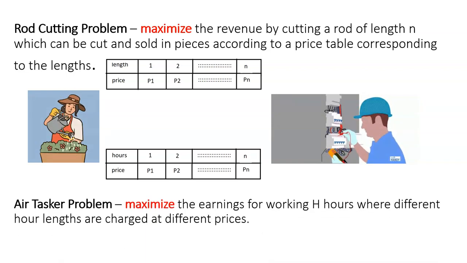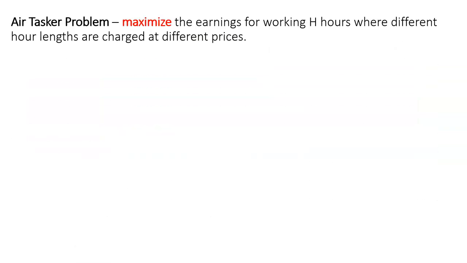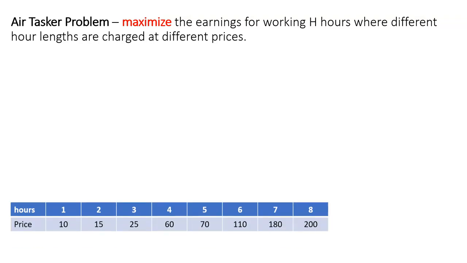So the AirTasker wants to maximize their earnings for working H hours, where different hour lengths are charged at different prices. If we set this problem up, it's very similar to the rod cutting problem. We're maximizing earnings for a resource of a fixed length. In this case, for the AirTasker, it's their working hours of H hours.